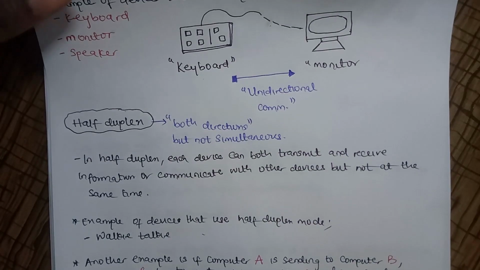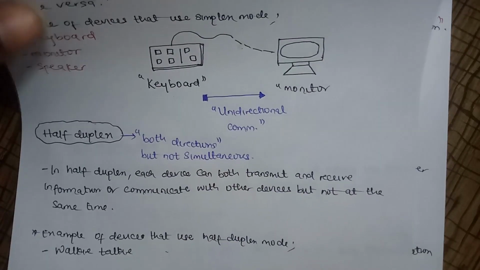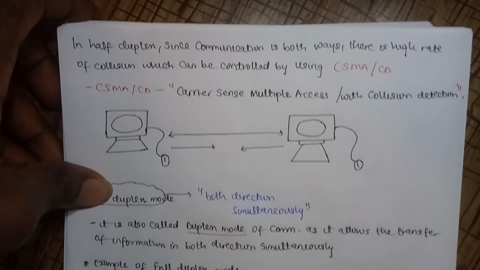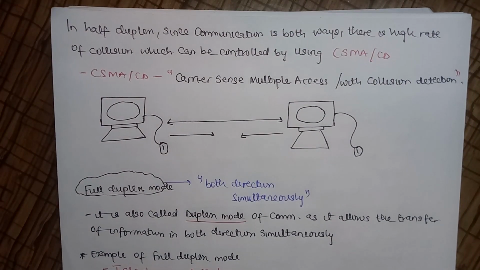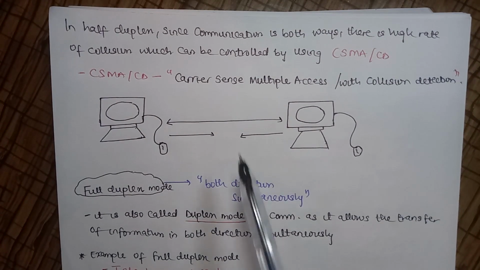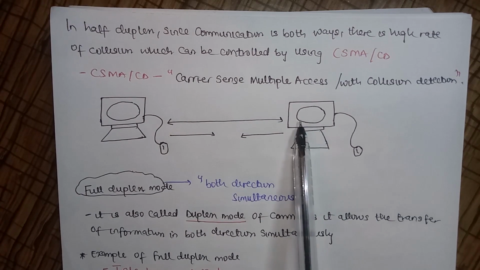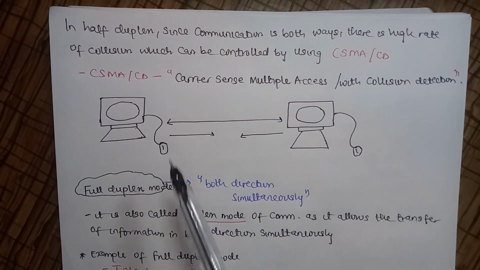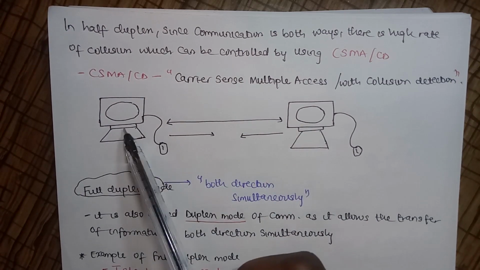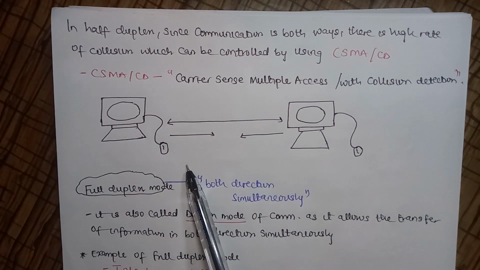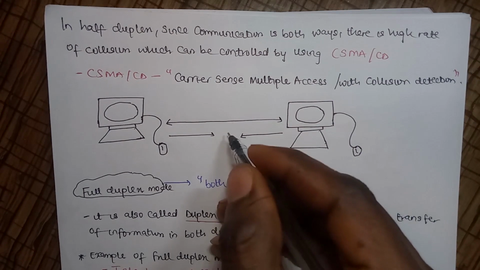So let's look at the next mode of communication. But before that, we need to take note of something. In half duplex, since communication is both ways, we transfer from here to this, or this to this. There is a possibility of collision, because we might be sending some information from A, but B doesn't know that computer A is actually sending, and therefore collision might occur.